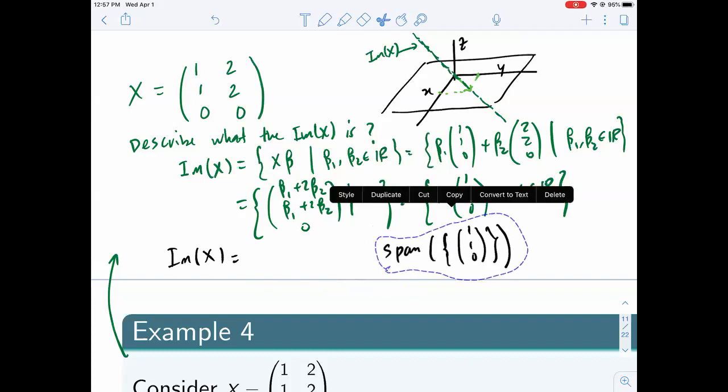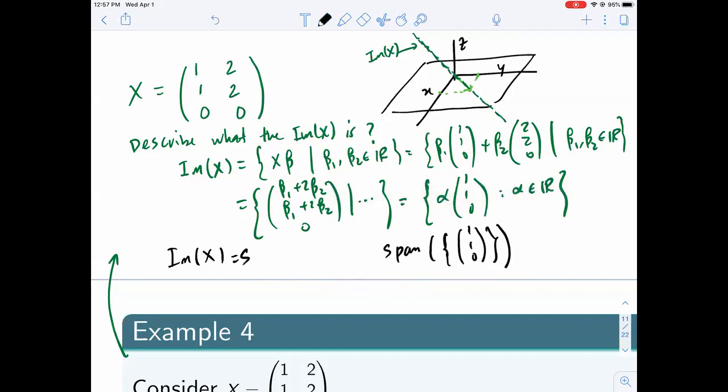By definition, it's the span of (1, 1, 0) and (2, 2, 0), but once you do the calculation, you don't need both of these vectors.